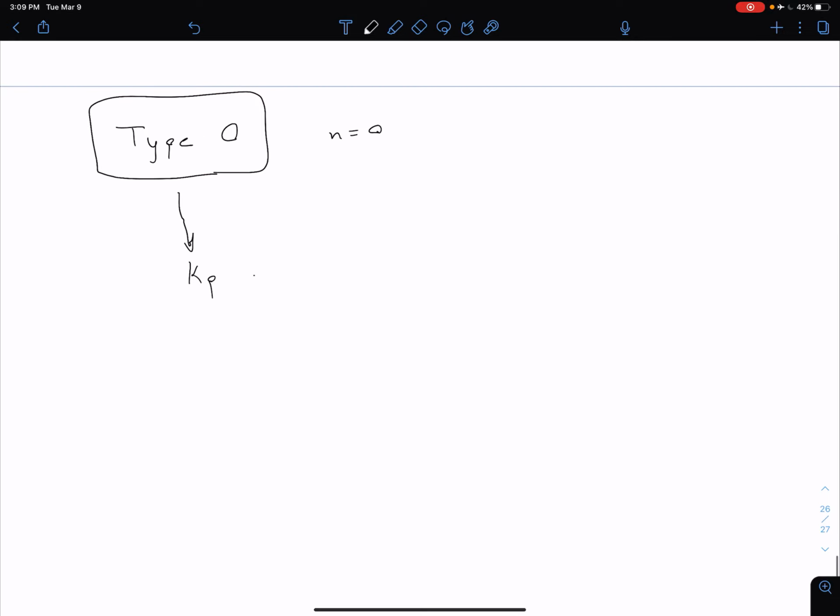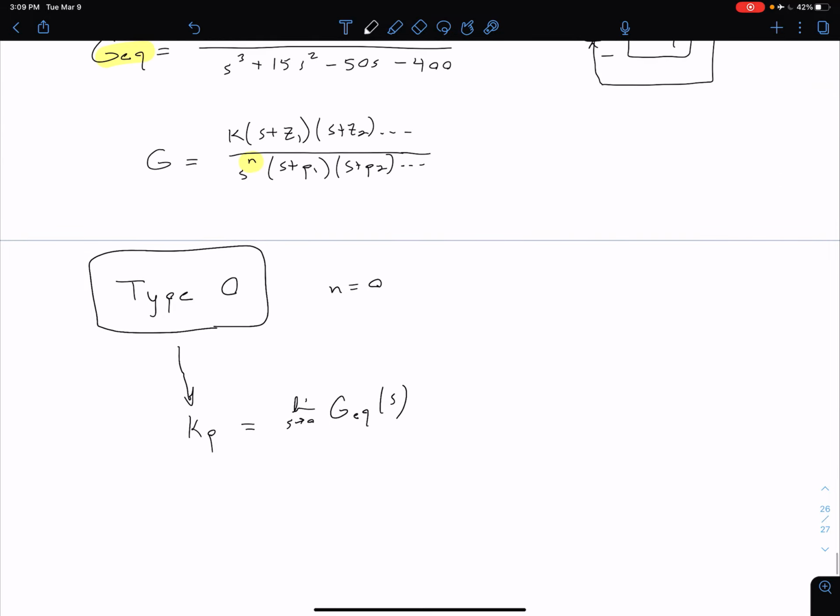Remember, our Kp is equal to the limit as s goes to 0 of G_EQ(s). Really it's just G, but I've put in G_EQ because that's what we're replacing our G with.